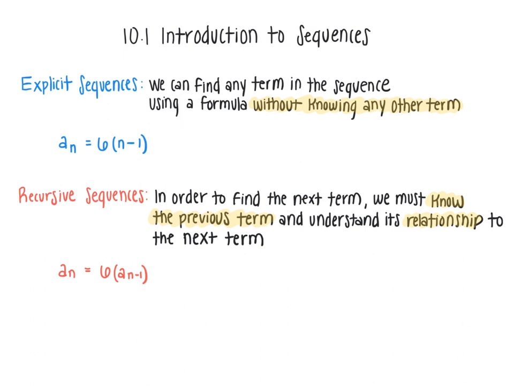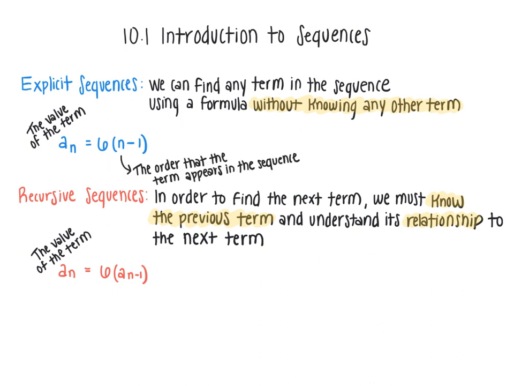Let's talk about some notation. This first part right here, A sub n, is going to stand for the value of the term, and then n is going to stand for the order at which the term appears in the sequence.